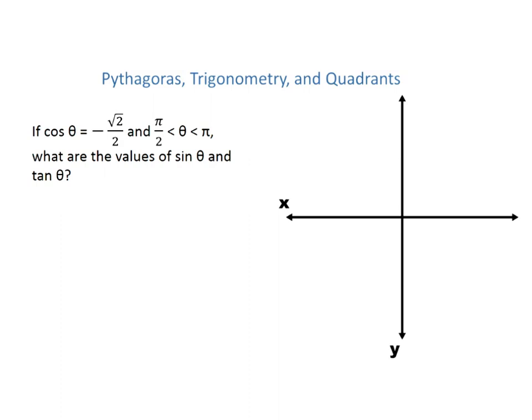It's one of the multiples of 45, because remember we looked at, let me just draw them in, 45 degrees a few lessons ago, and then we looked at 135, right? We went all the way around, bisecting that 90-degree angle in each quadrant, and we looked at those points. So since we know that we're in quadrant 2, if you picture the unit circle going right through here, we're looking at this point on the unit circle.